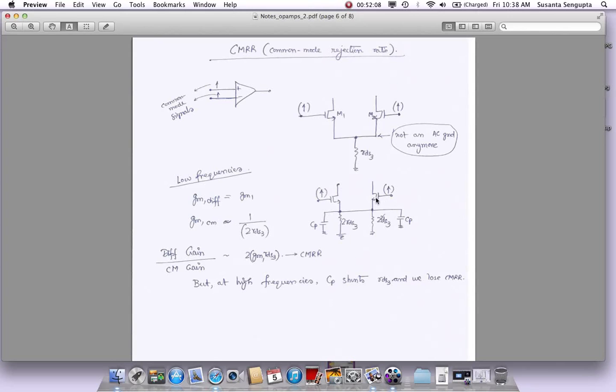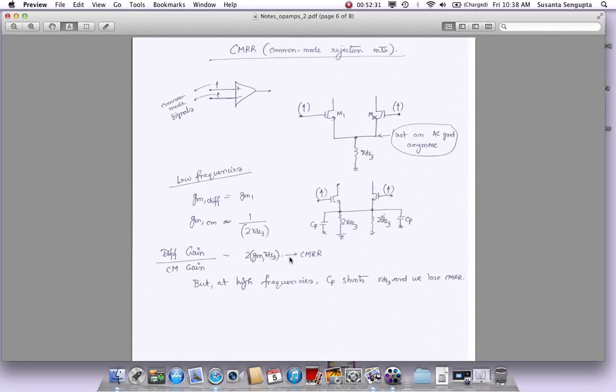The only difference is in GM, how it converts a voltage to a current. Once you have converted to a current, the rest of the circuitry cannot distinguish at the input whether it's common mode or not. So if you take the ratio of the two GMs, that is what is called the CMRR of this circuitry, or common mode rejection ratio, which we want to improve. It's a product of GM and RDS.